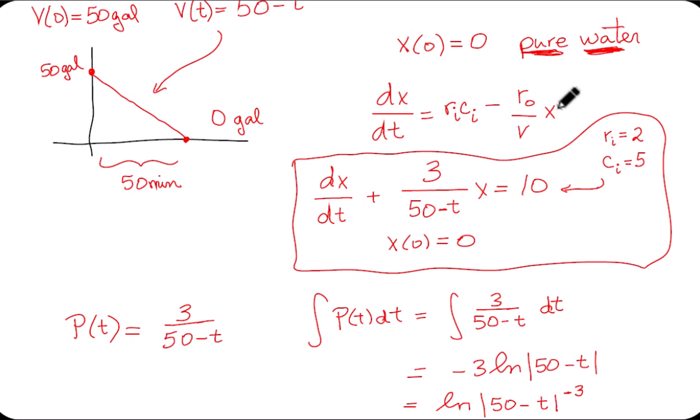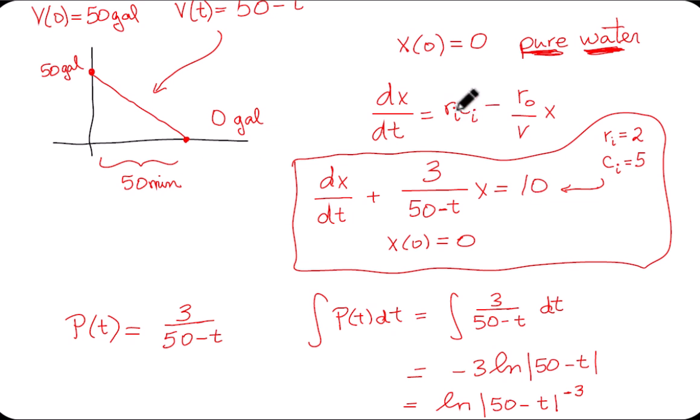All right, so let's see, what do I know? Well, first off, this stuff has got to come to the left. All right, my rate out was 3. The concentration in there at that time is x over 50 minus t.